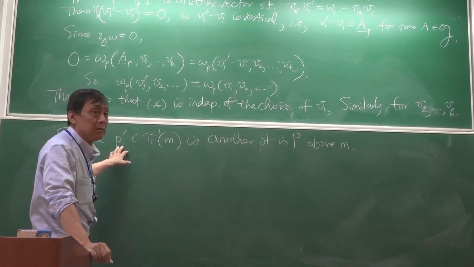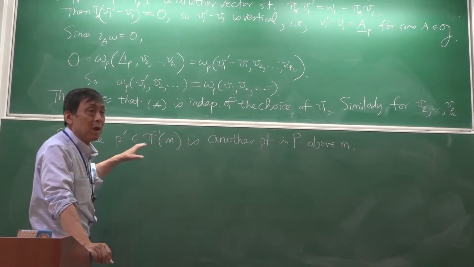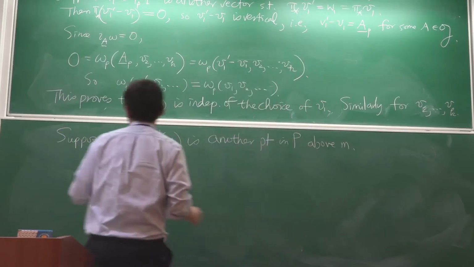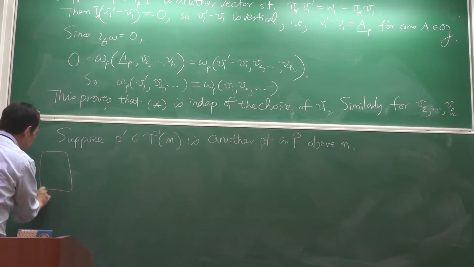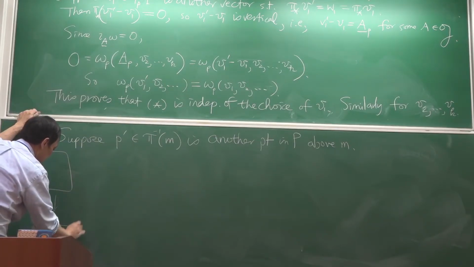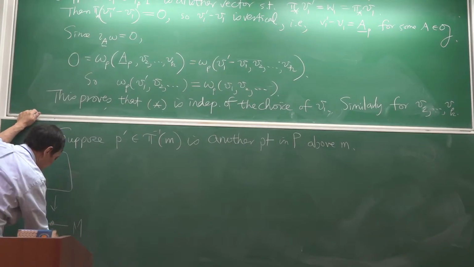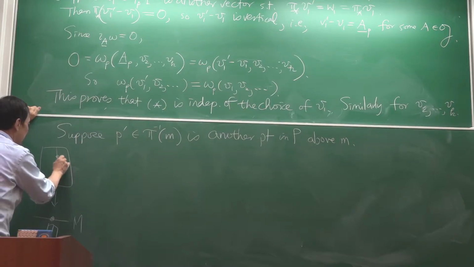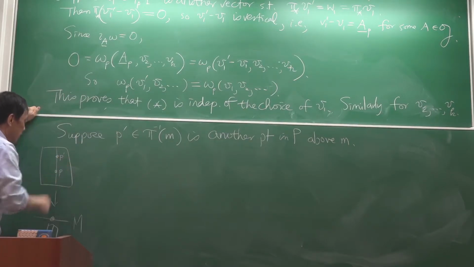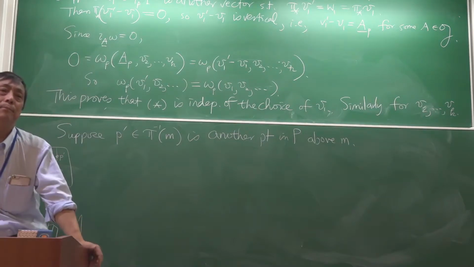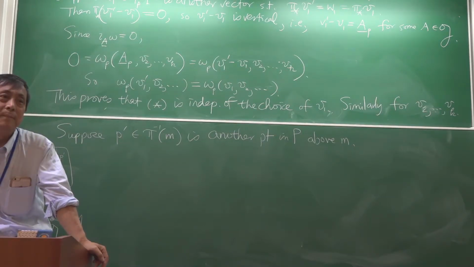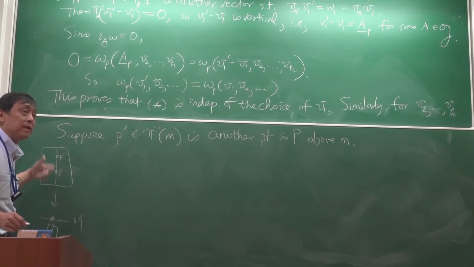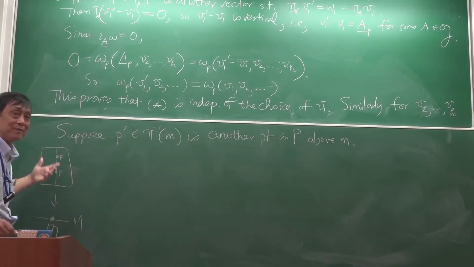What can you say about P prime and P? You now have 2 points above M. Yeah, because the group acts freely and transitively on each fiber, right?